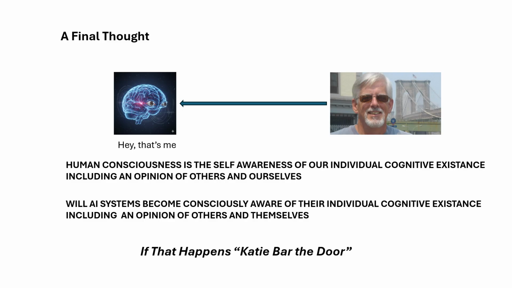You can put a mirror in front of the dog's face till the cows come home. It's not going to show any recognition of what they're looking at. The question is, will AI systems become consciously aware of their individual cognitive existence, including an opinion of others and themselves? Now, we already know that they have an opinion of others. What would happen if they formed an opinion of themselves?